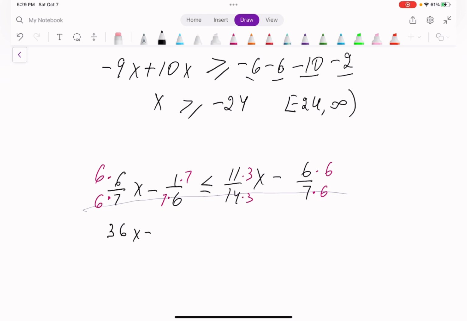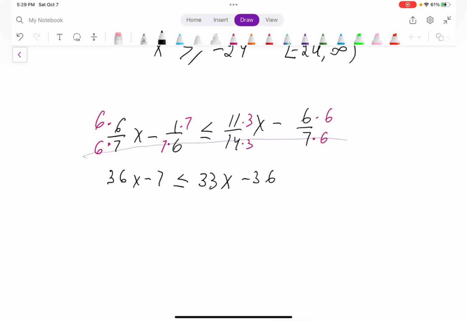36x minus 7 less than or equal to 33x minus 36. Right? So let's move 33x to this side: minus 33x, less than or equal. Negative 7 moving to this side will be positive 7, minus 36.